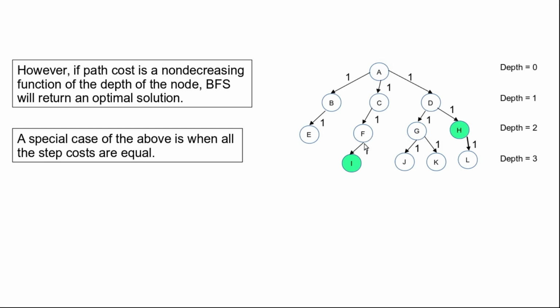And in this case, your path cost will be a non-decreasing function of the depth of the node. As we increase the depth, the path cost will always increase. And for such cases also, BFS will return the optimal solution.